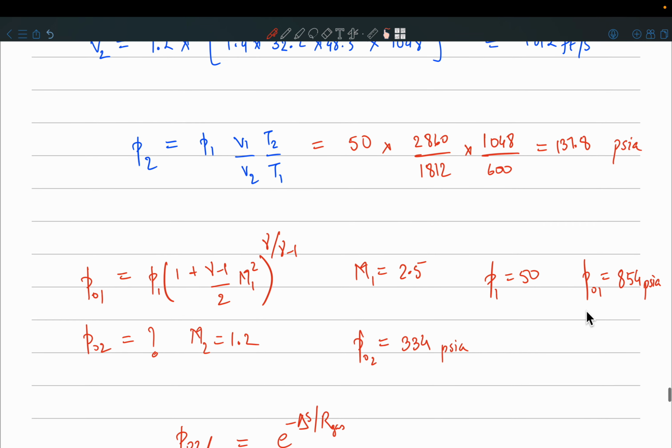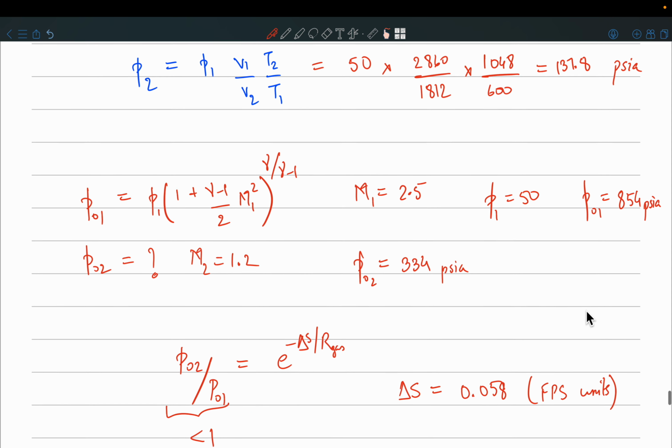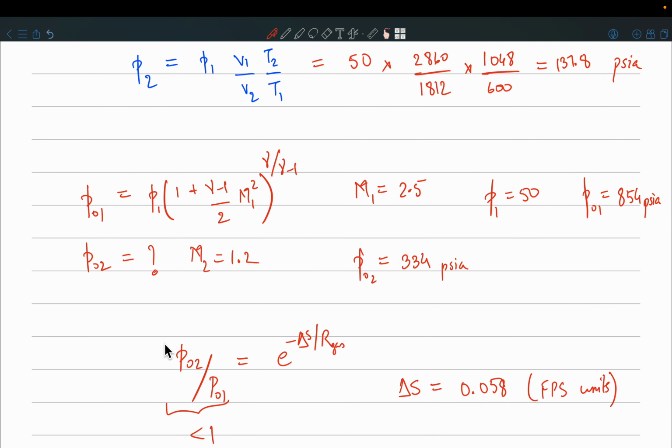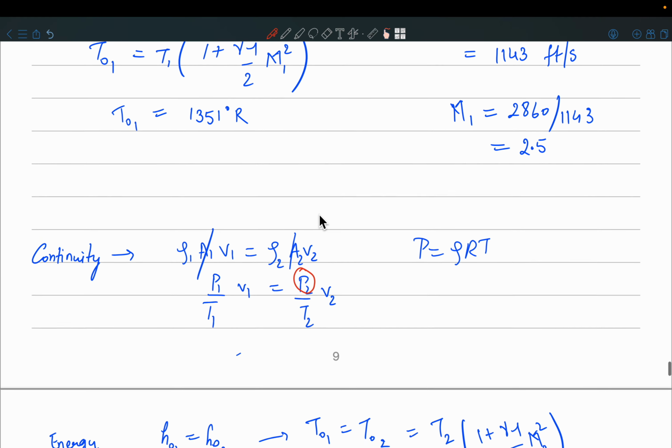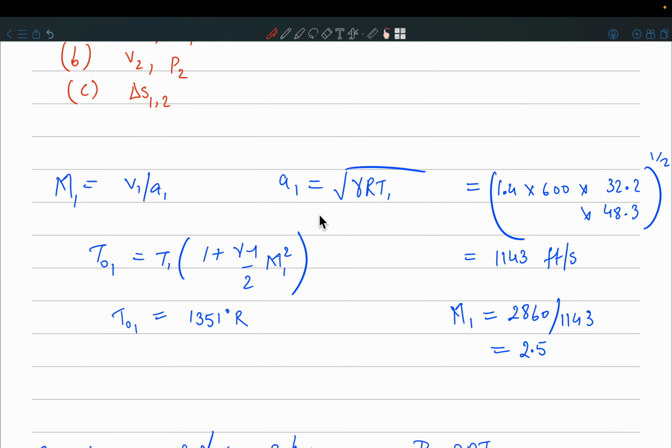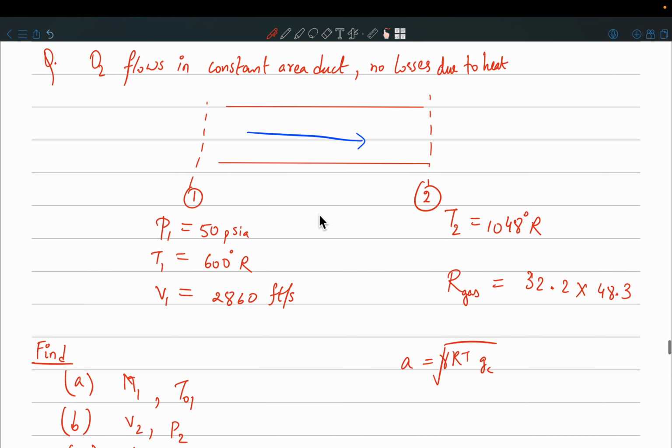Okay, but here see, there is a difference. The formula you are talking about is this one, right? Yeah, but for a shock this is the formula. What I was trying to point out is this P naught 2 by P naught 1 you have to get by considering the static quantities over here, which are given.